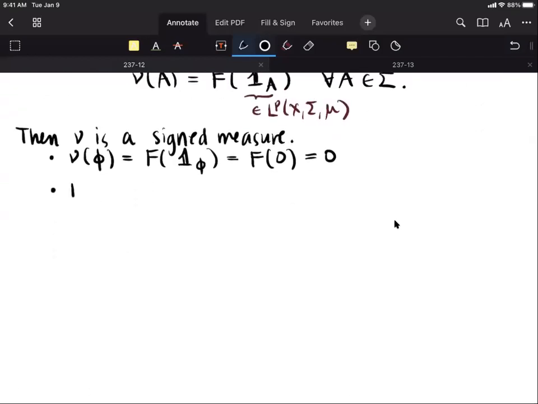Next, we show that nu is sigma additive. So consider a countable sequence of measurable sets, and suppose that this is pairwise disjoint.